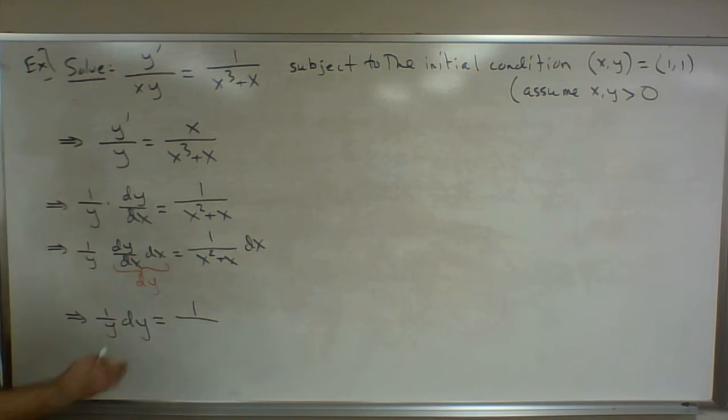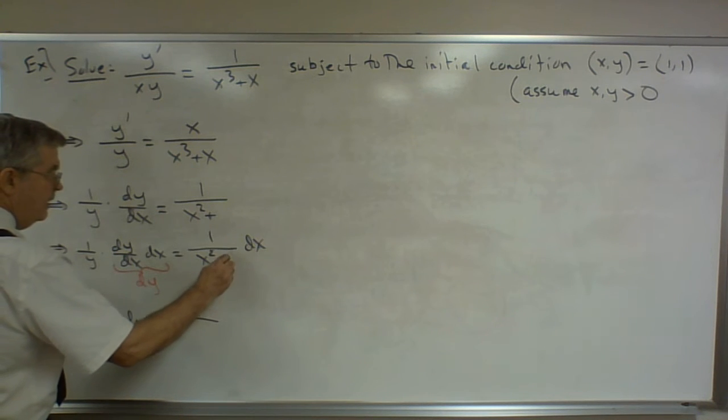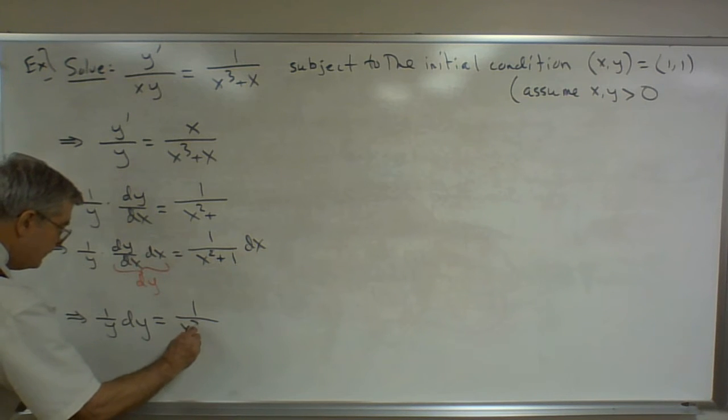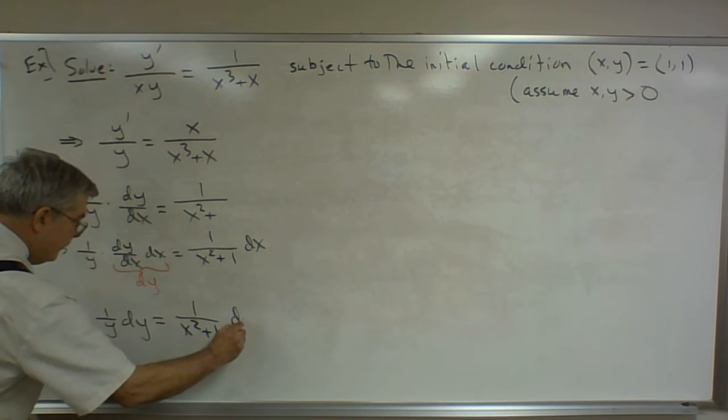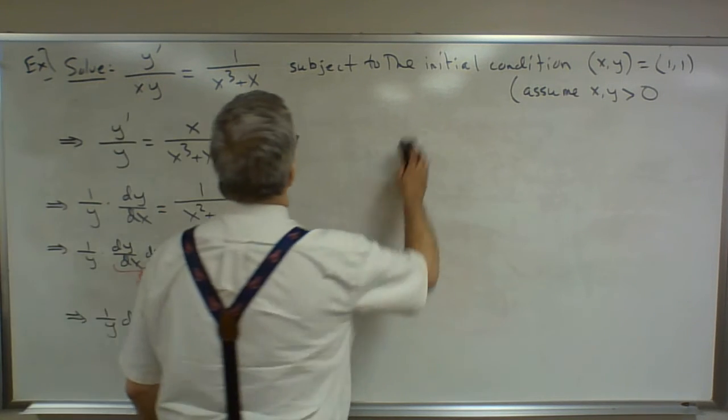I divide by x. This is a 1. That could have been a costly mistake. Okay. Now that we have our variables separated, we can integrate both sides.